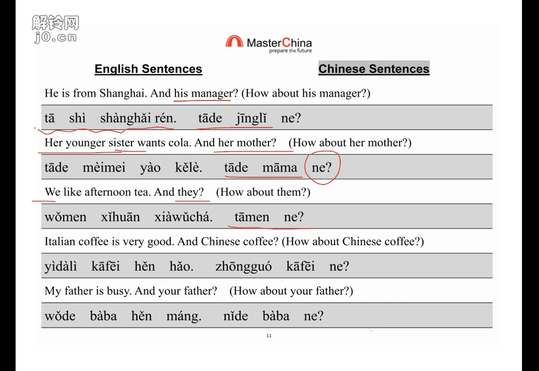Then is coffee, Italian coffee and Chinese coffee. So 中国咖啡呢. Same, exactly the same. Give the comment, your statement or your opinion of target 1. Then continue with target 2. Then is busy. My father and your father. 你的爸爸呢.